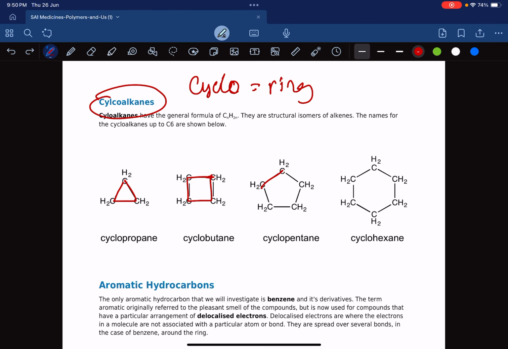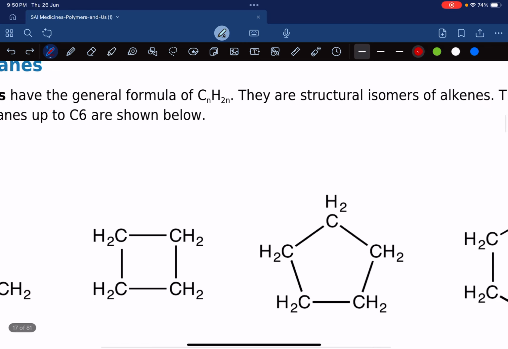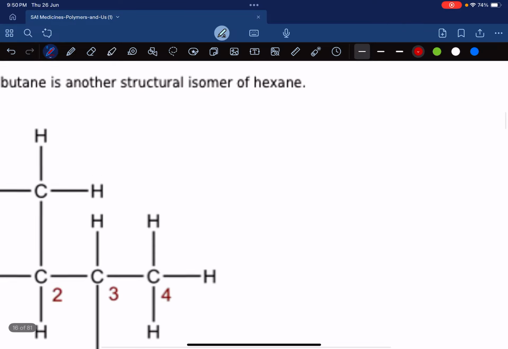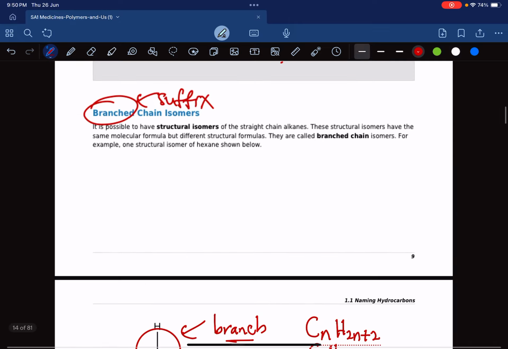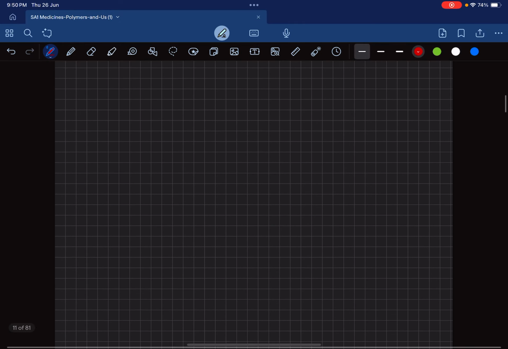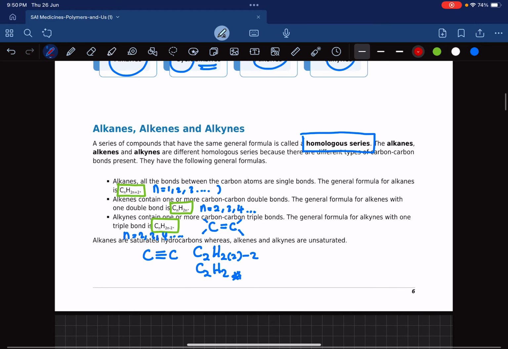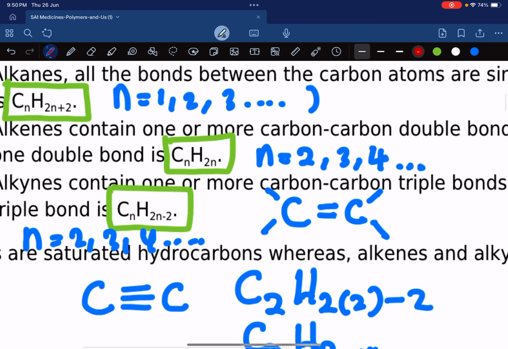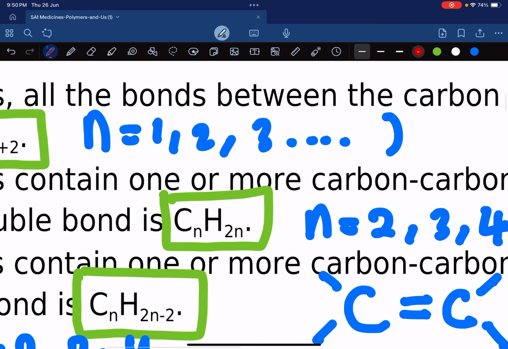So for cycloalkanes, we are not interested in alkenes or anything like that. Only alkanes. There is a general formula here. This general formula will look familiar to you because earlier on I told you that the general formula for alkanes was also CnH2n.